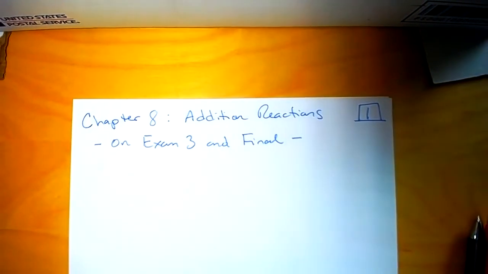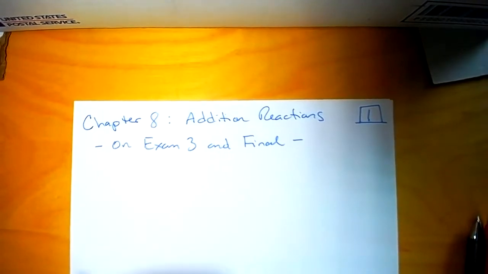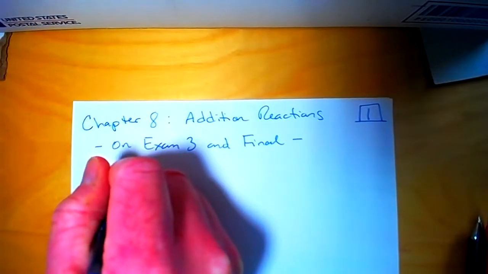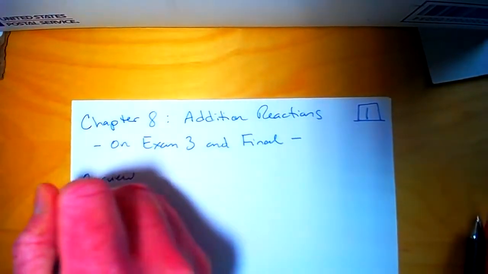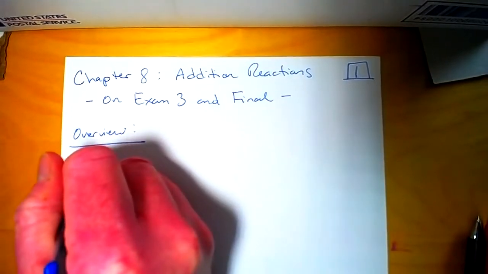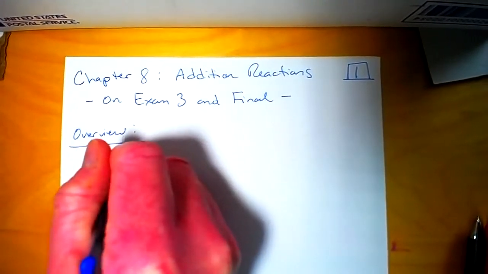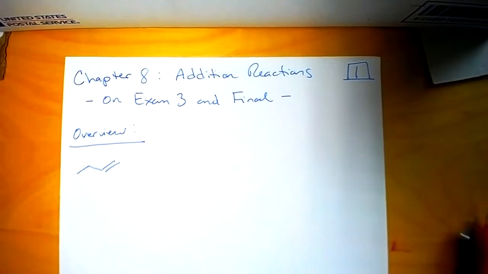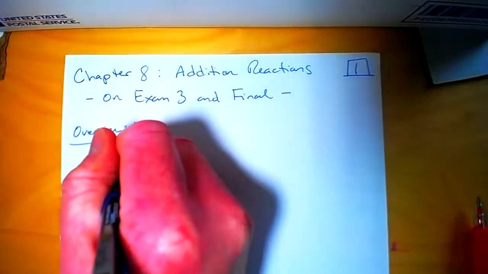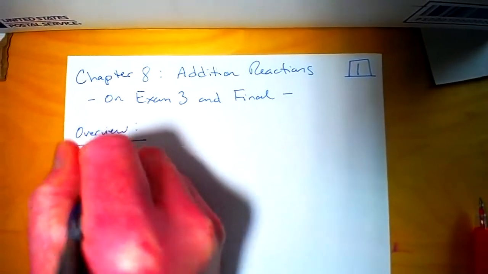Okay, so what this section really entails is I'm going to go over an overview reaction with you guys as to how these generally work. One of the things that is a good idea to get into a habit of doing is starting to number your carbon systems if you haven't been doing that already.